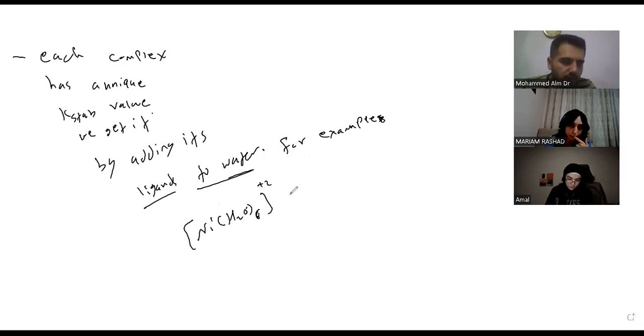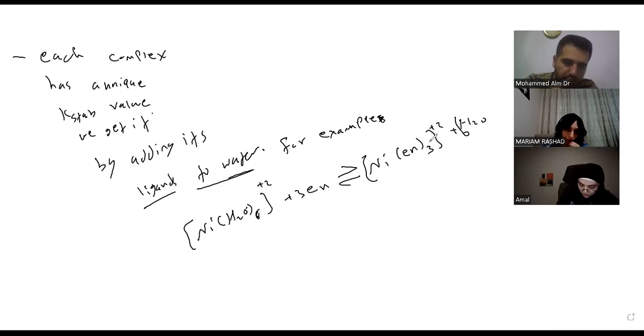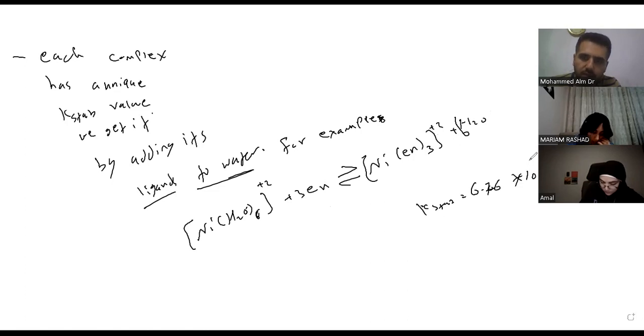So guys, for example, we have here Ni(en)3 (H2O)6 actually. So Kstab for this one is 6.76 times 10 to the power of 17. As you see here, guys, we don't include any unit when we write the Kstab value.